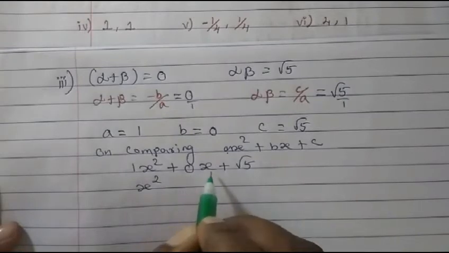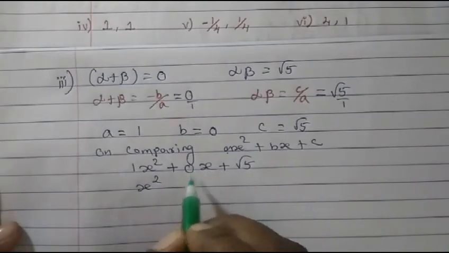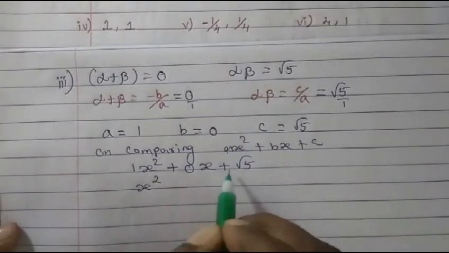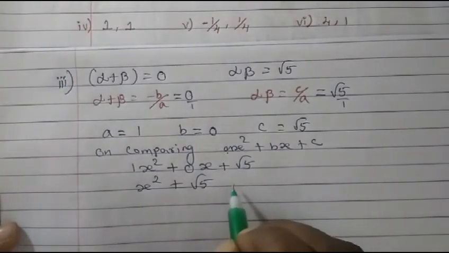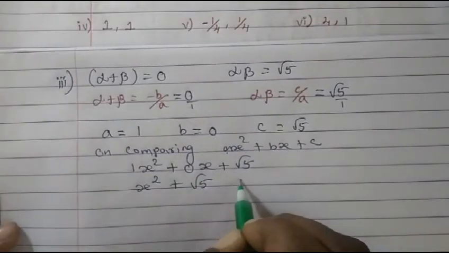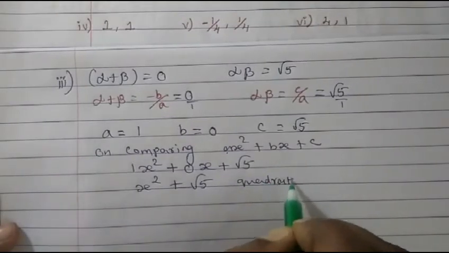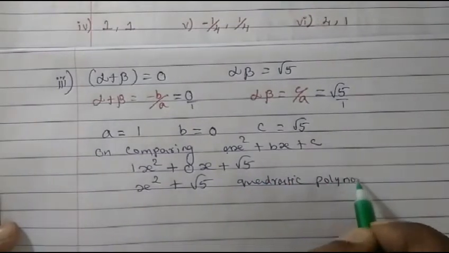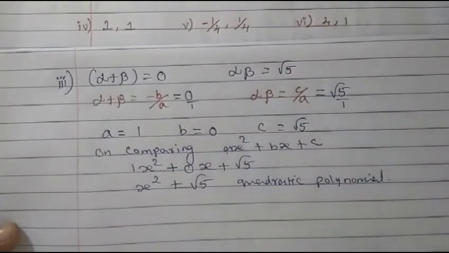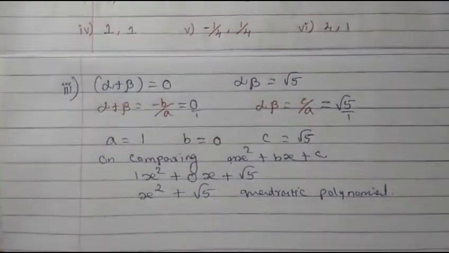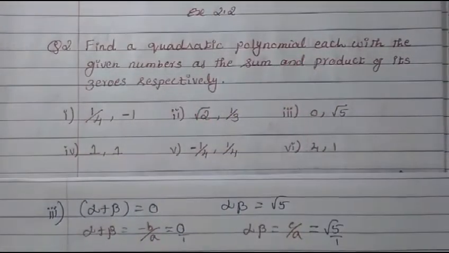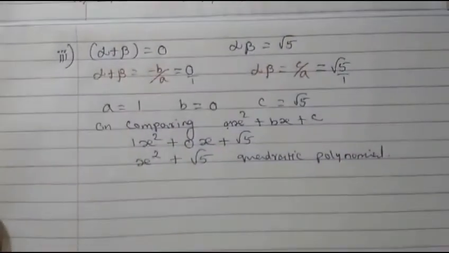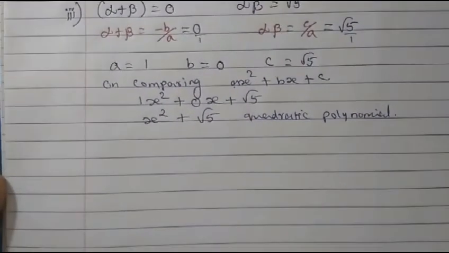Then 0 into x will give us 0 only, because any number you multiply with 0 we will get 0, so this won't exist. Then we have plus root 5. So this is our quadratic polynomial, because in this question we are finding the quadratic polynomial. So we have found the quadratic polynomial from the given sum of the zeros and the product of the zeros.